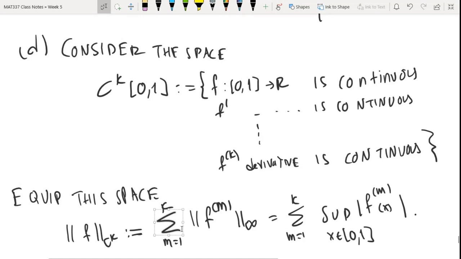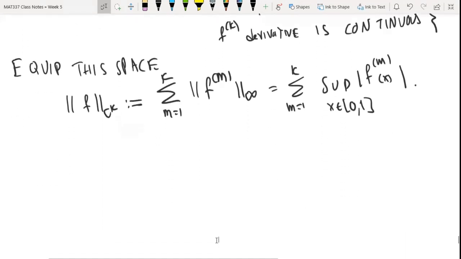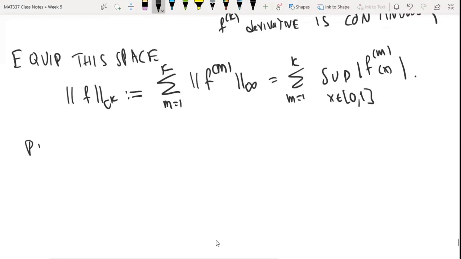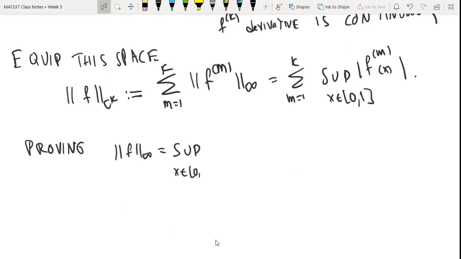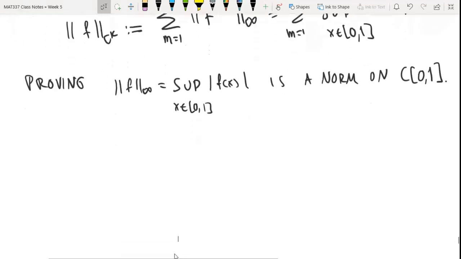Okay, so now let's prove that the sup norm is indeed a norm on C of 0, 1. Okay, let's see. So first, the first two are easy. So let's go through the first two.